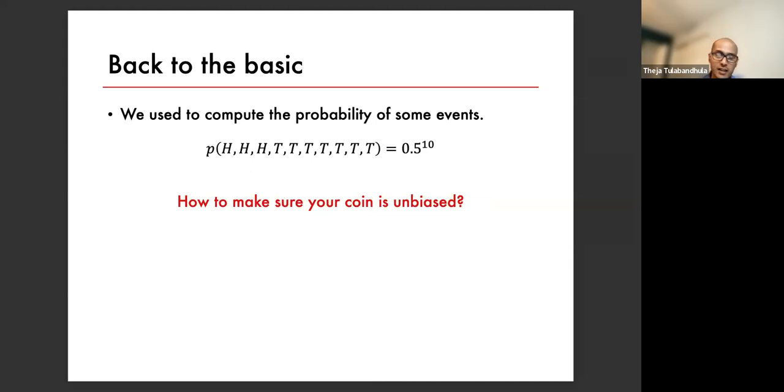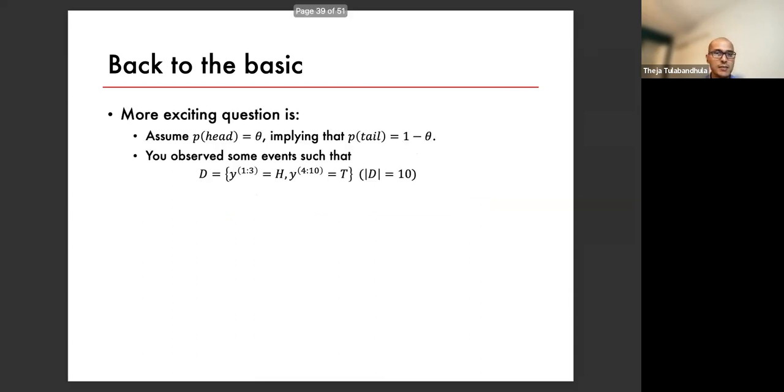So if you flip a coin a lot of times and the coin is unbiased, you should see an equal proportion of the two outcomes. If you see a very skewed proportion of one outcome versus the other, then your coin is probably biased.